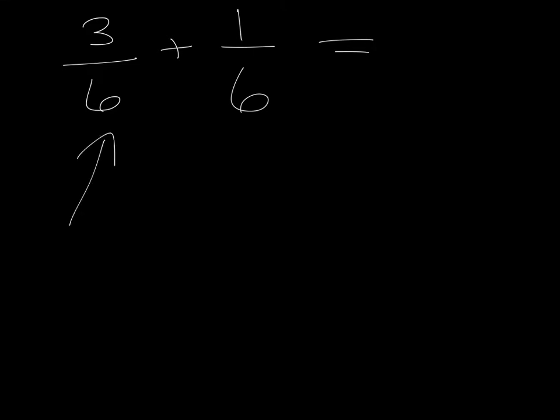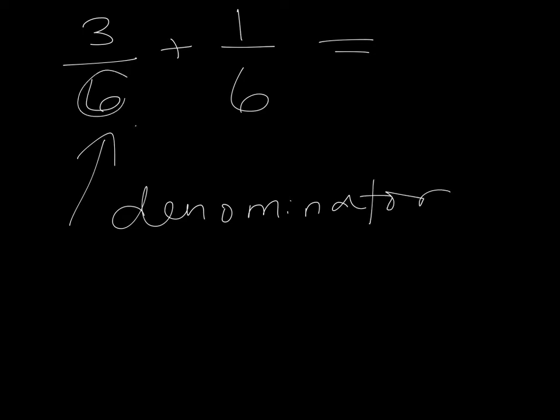So when we're adding or subtracting, we can add and subtract fractions just fine if the denominators are the same. Oops, sorry, that was meant to be a 6. So I have 6 here and 6 here.